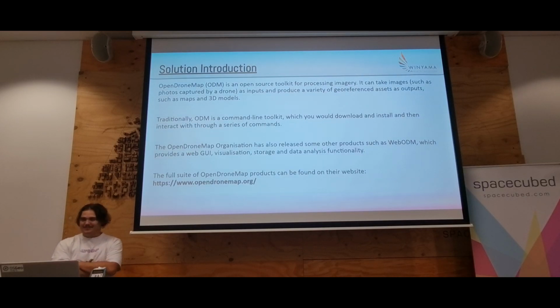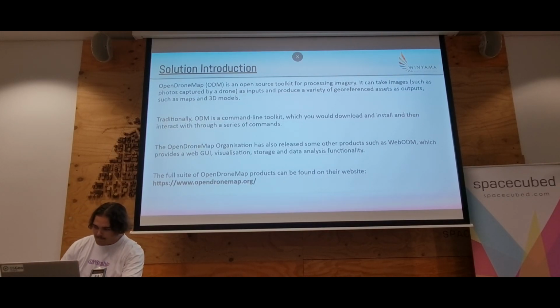So, the solution introduction. ODM is an open source toolkit that we use to process imagery. It takes images from drones, and we've also used it with iPhones and phone cameras, so any camera really, as inputs, and it outputs a variety of georeferenced assets, such as maps and 3D models.